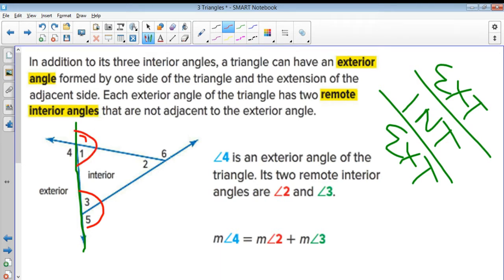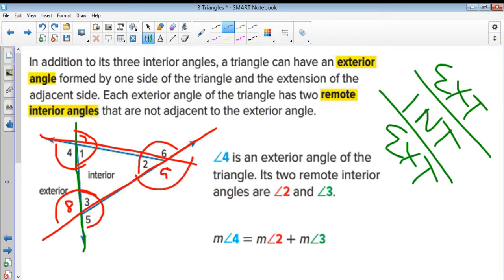If I draw the line out this way, 2 and 6 is a linear pair, but so is 3 and angle 8. Same thing if I drew the line out here. We have 2 and 6, 1 and 7, 4 and 1, 3 and 5, 3 and 8, and then 2 and 9 right there. We get that extra linear pair right there.